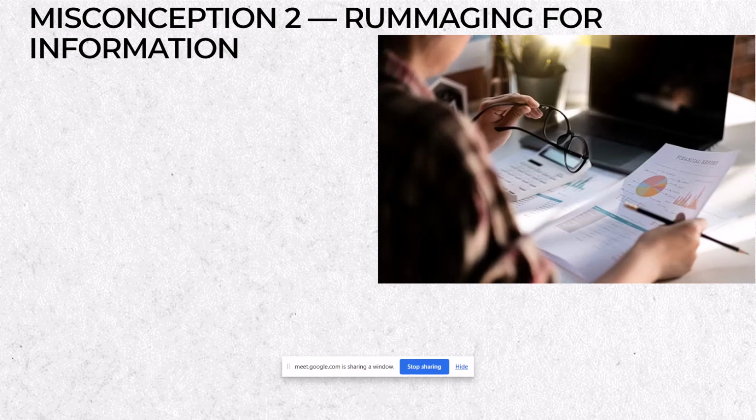Okay. The second misconception, rummaging for information. What is rummaging? Rummaging is just an undirected search. Undirected search is searching for something without any process, a search that is not systematic.